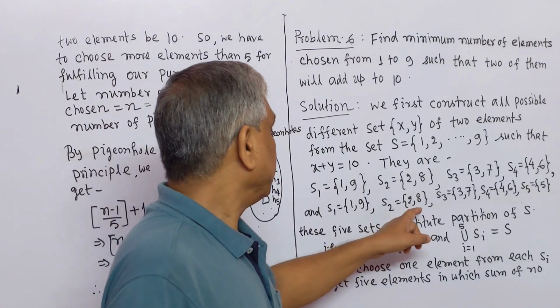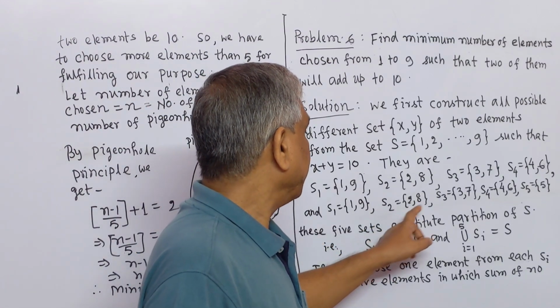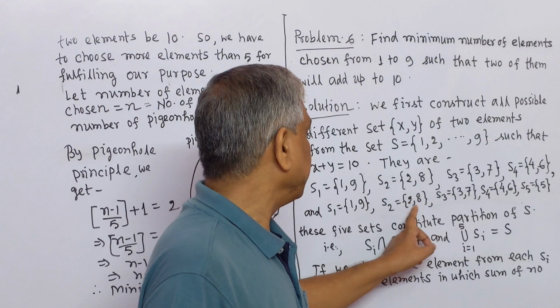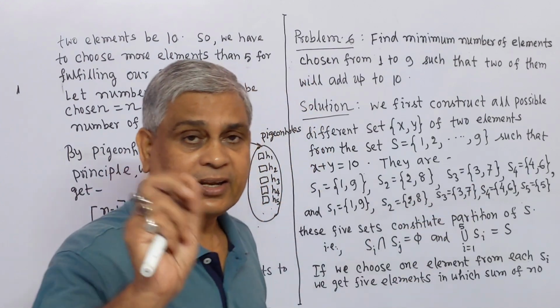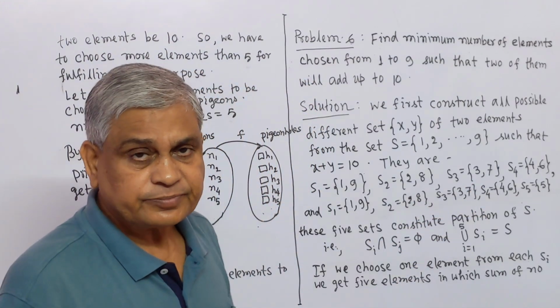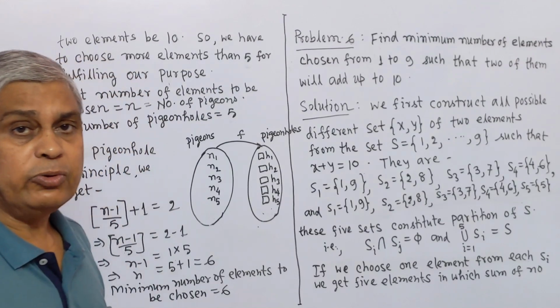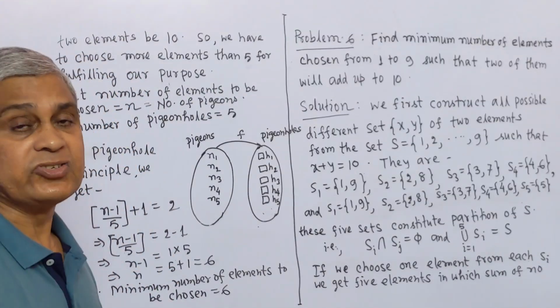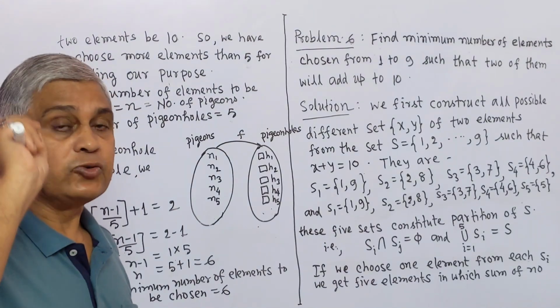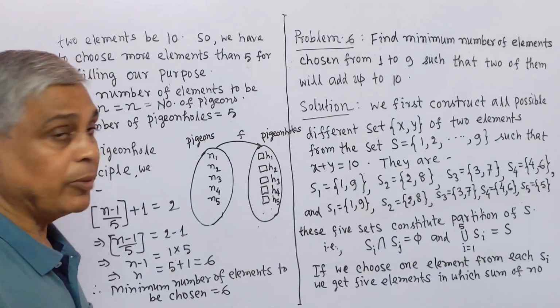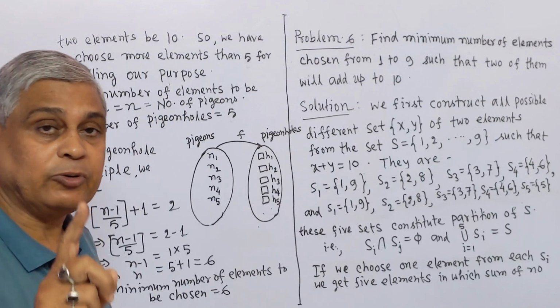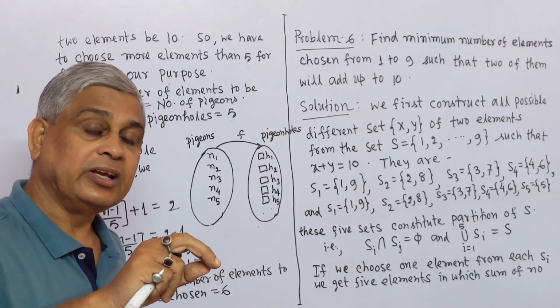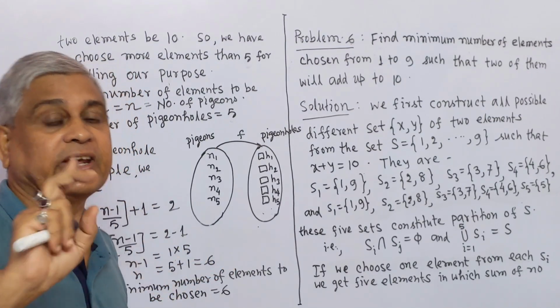Similarly, 2 from S2 and 7 from S3, 2 plus 7 equal to 9, this is not equal to 10. So we will have to take more than 5 elements so that our purpose will be fulfilled. Our purpose is we will have to choose 2 elements such that their sum is 10.